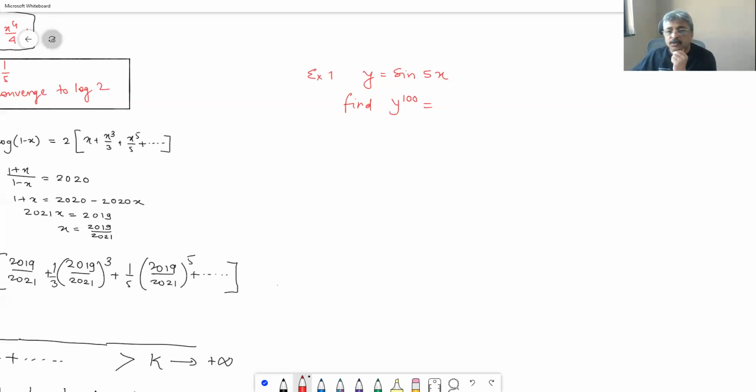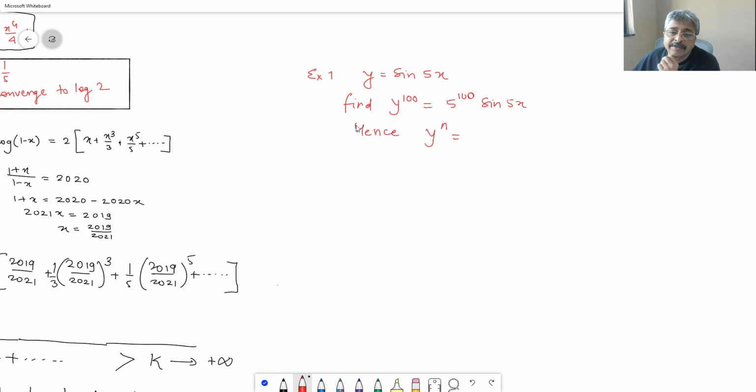Okay, so hence what is y n, the nth derivative of y? The answer for this is 5 raised to 100 sine 5x. That is the 100th derivative of sine 5x.